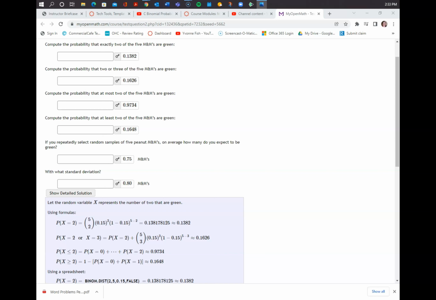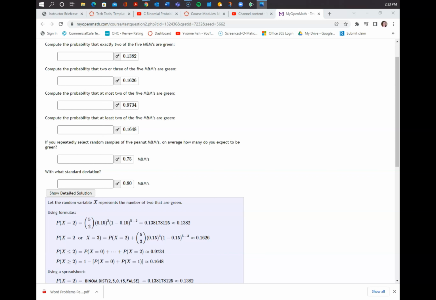But since it's a binomial distribution, it's a little bit easy to do, because we would just use this formula: E of X equals NP. So we really don't even need the technology so much on that one. We could compute that out. So we would do 5 times 0.15, and we get 0.75. So not too bad on that.